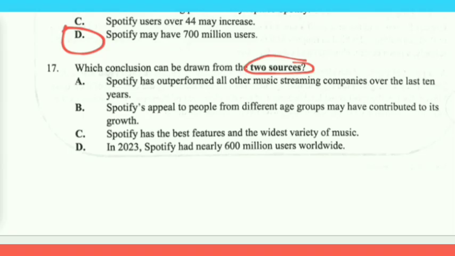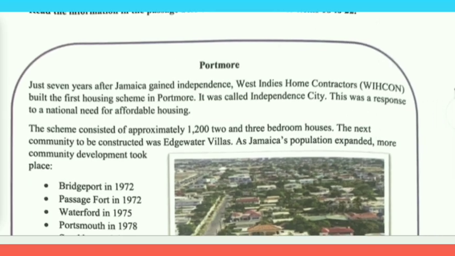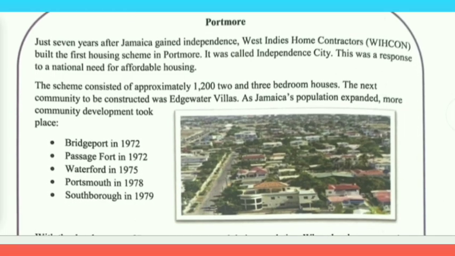But because we're working with both sources now, the most appropriate answer would be B, that the platform's appeal to people from different age groups may have contributed to the growth. Because you have a mix of ages in source 1, that might have resulted in the spike that we're seeing in growth in source 2. Answer B. Number 18. Here goes. It says, read the information in the passage below, then use it to answer items 18 to 22.